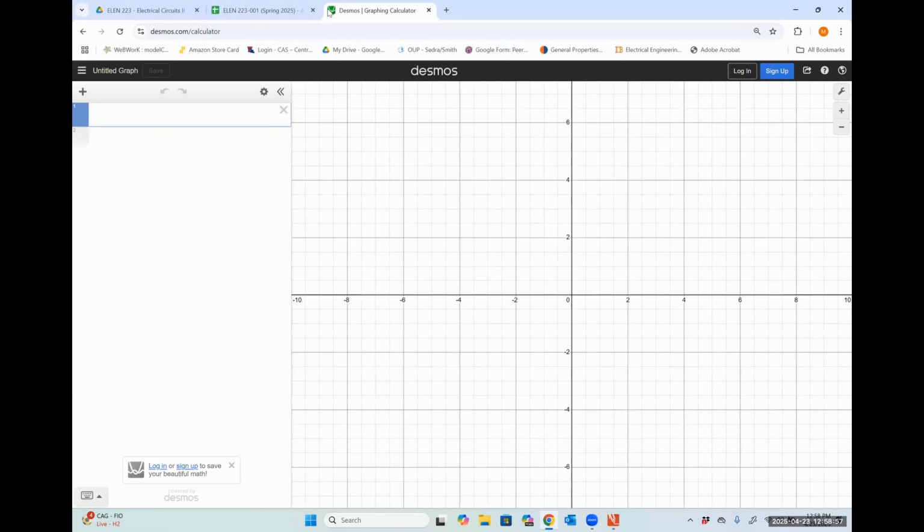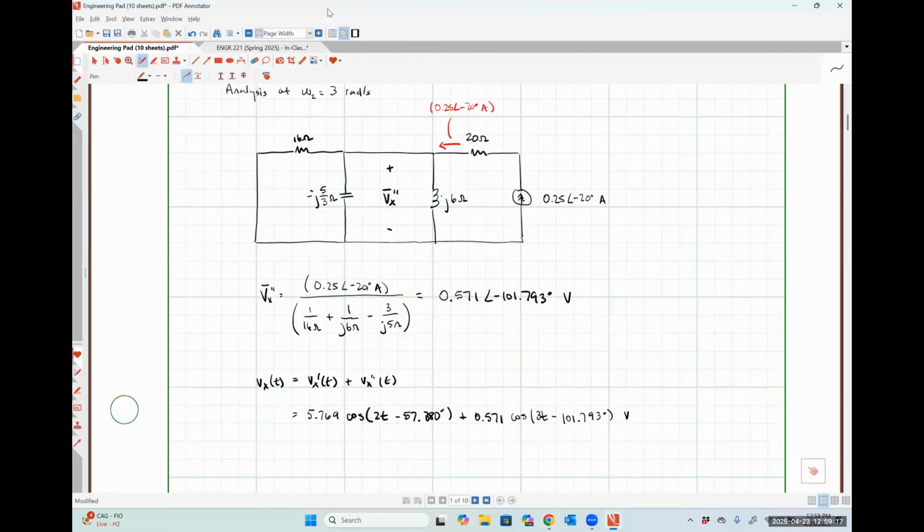So I'm going to call this first signal y1 as a function of x. And that's going to be equal to, I think it was 5.769 cosine 2x minus, sorry, my memory ran out.